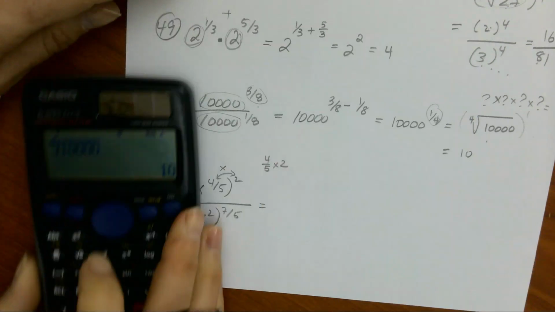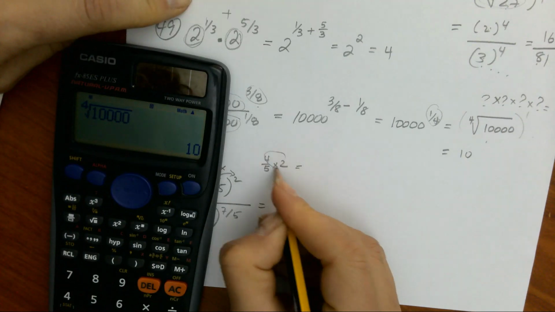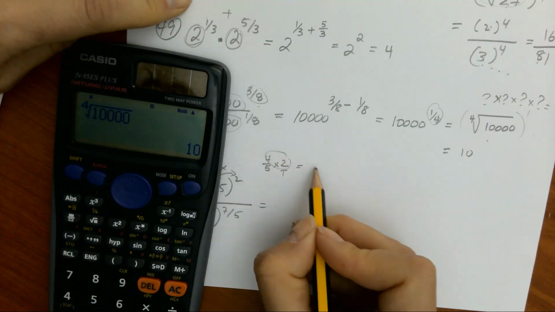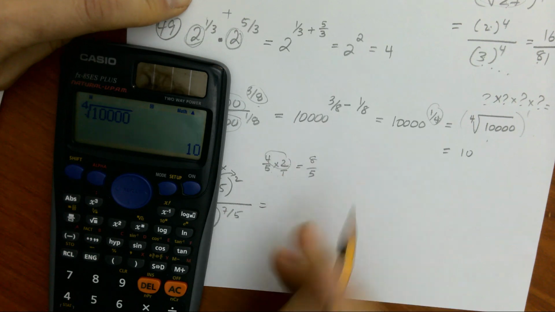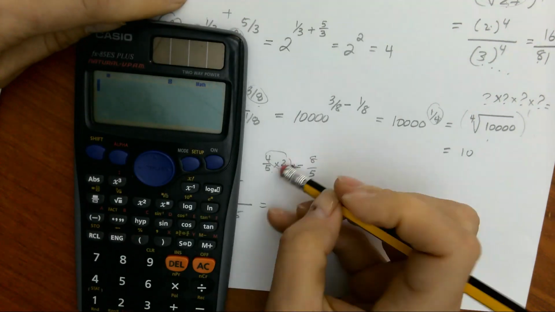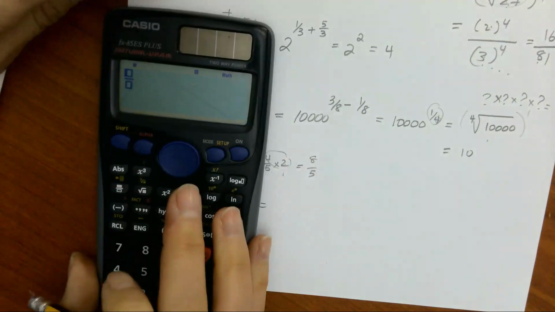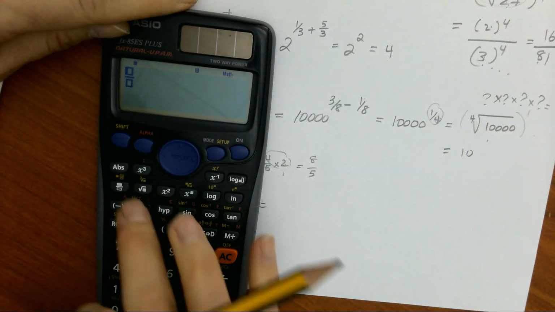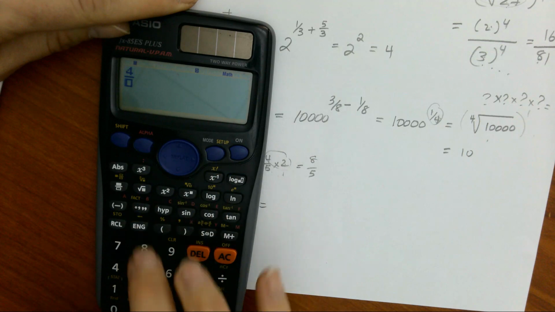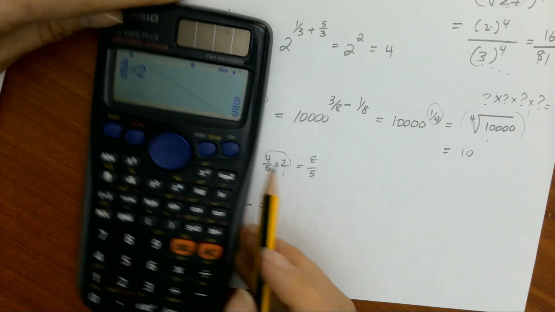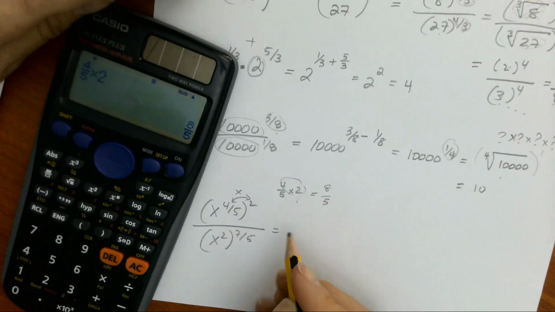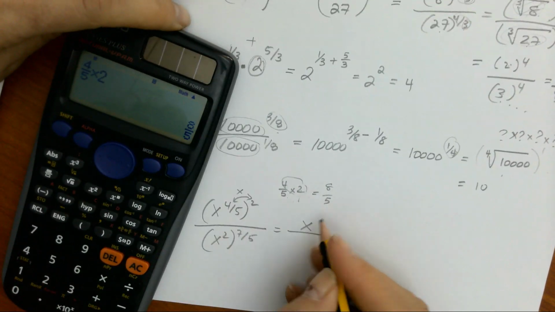So you can do this by making it a fraction and go, oh, that's 4 times 2, which is 8. 5 times 1 is 5. Or you can use your calculator, and you just go 4/5 times 2. See, it's the same thing. So this should be x to the 8/5.